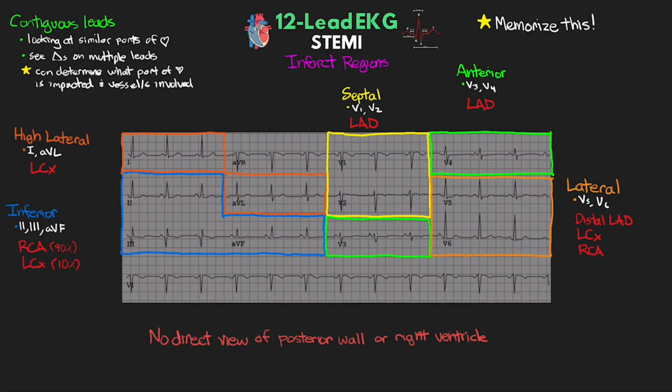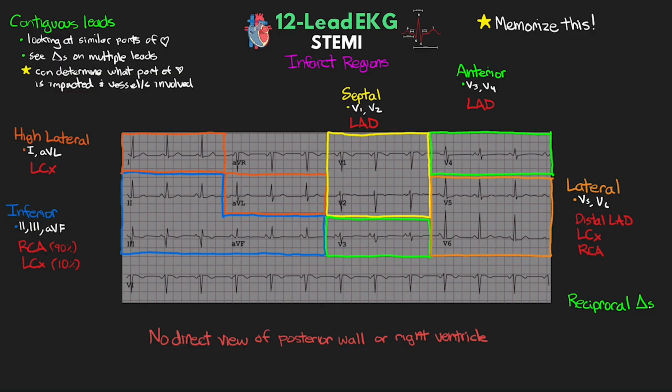Alright, and then the last thing I want to cover real quick before we look at our STEMI EKGs is the concept of reciprocal changes. Again, I did briefly mention this in the AMI intro lesson, but I just want to hit on this again here.